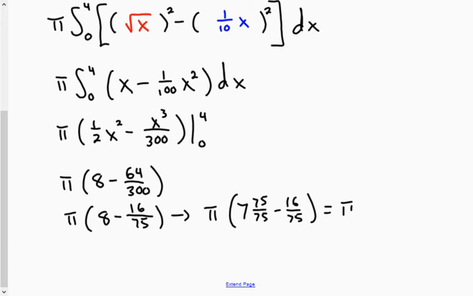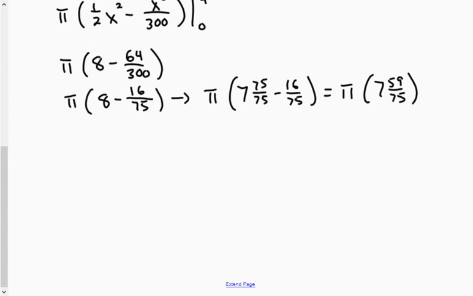And I get pi times 7, and then 75 minus 16 would be 59 over 75. So I'd say the volume of that shape, it's sort of a weird number, but who are we to say what's weird? It's 7 and 59 over 75 times pi.